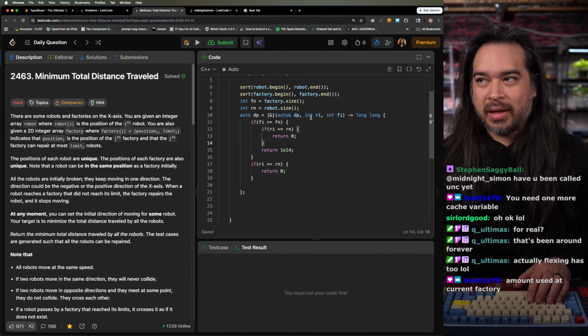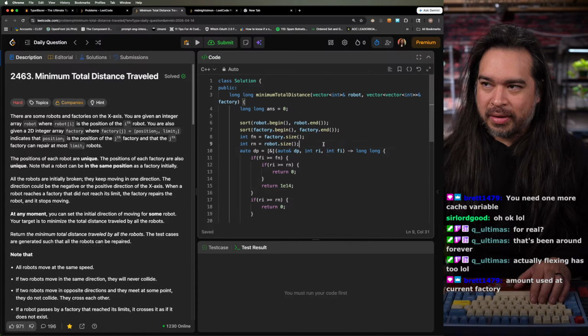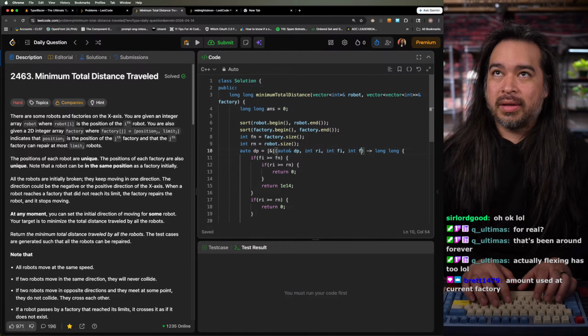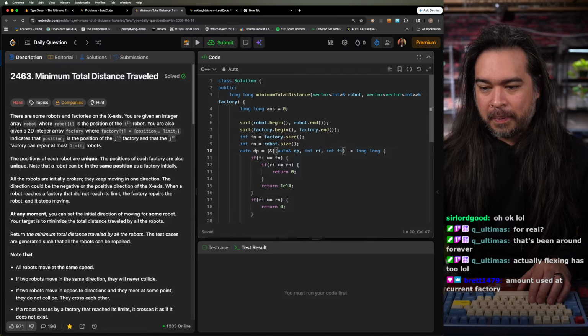Yeah, I get that the factory has a limit, but I'm unsure how you represent that in here. Is it a state in the DP, like the current factory thing?